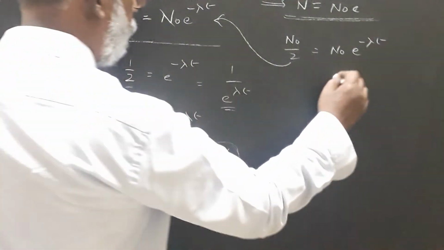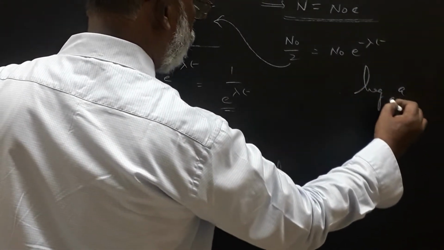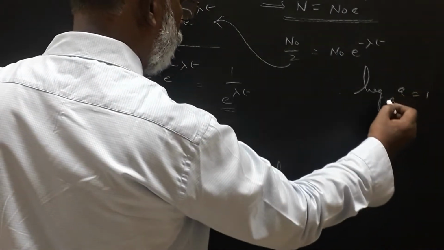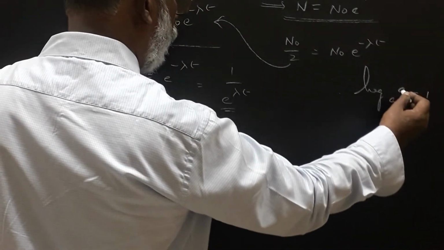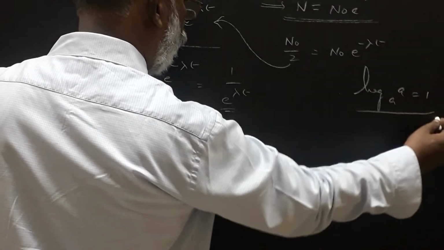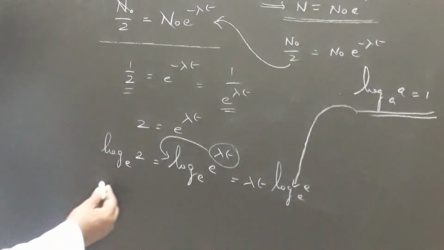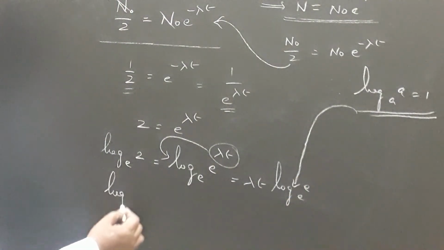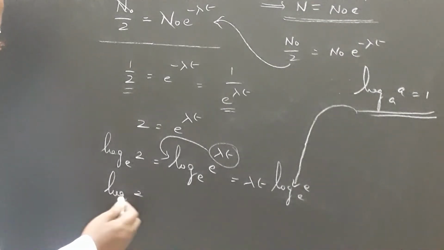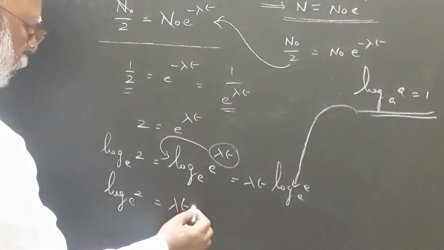We know the mathematical formula that log of anything to the same base equals 1, whether x base x, y base y, or e base e. Applying it here, log of 2 base e equals lambda into t.